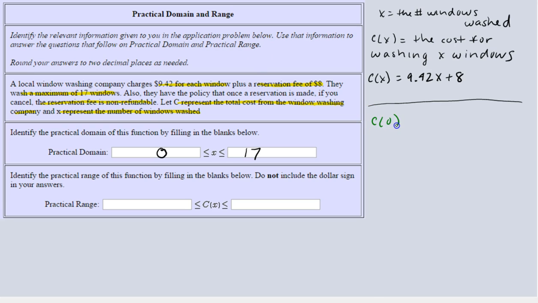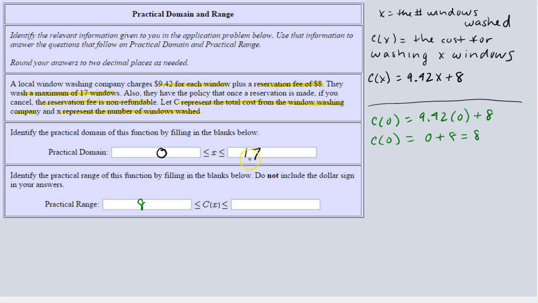C of 0 equals 9.42 times 0 plus 8, which is 0 plus 8, or just 8. That makes sense. If you had 0 windows washed, you'd still have to pay the reservation fee of $8, and your cost would be $8.